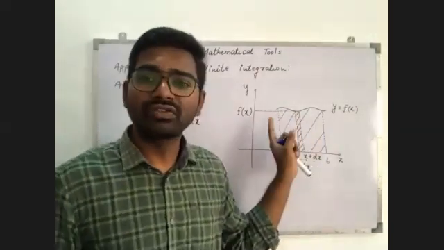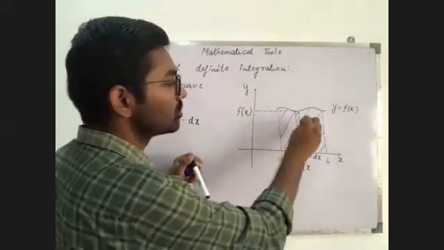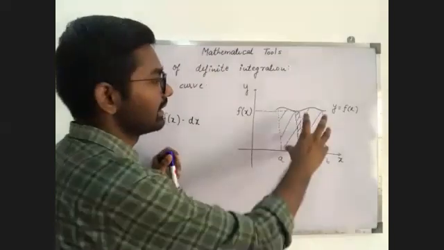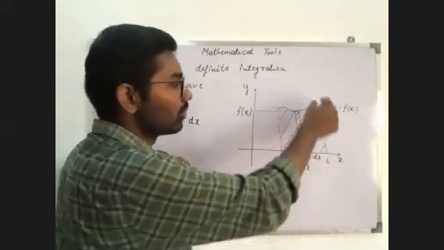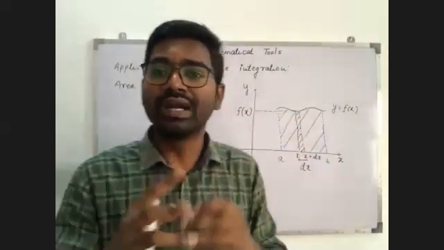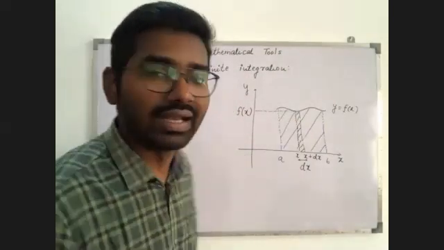Now so many such strips are going to be there, is it right? And I have to add all those areas. Can I say that I have to add all the areas of the thin strips we are going to form? I told you we need integration, because integration is nothing but addition.